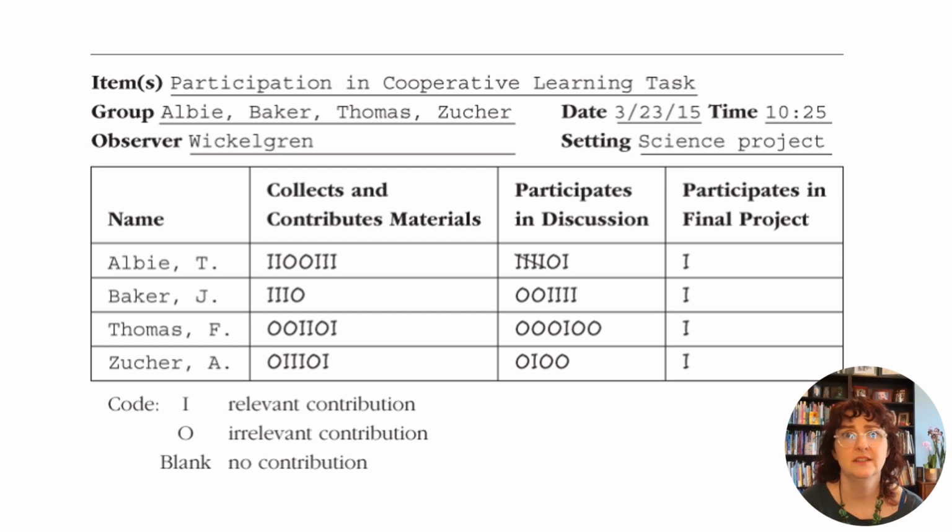And this participation chart is looking at how students were doing in a cooperative learning task. A 1 is for a relevant contribution, a 0 is for an irrelevant contribution, and then if there's blank, it means that they didn't participate.